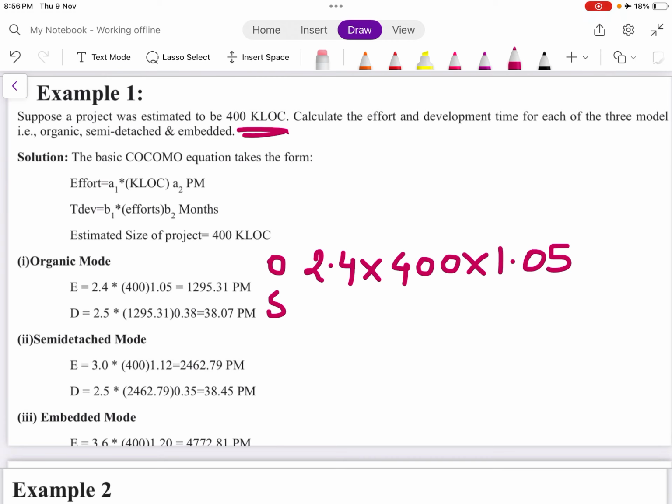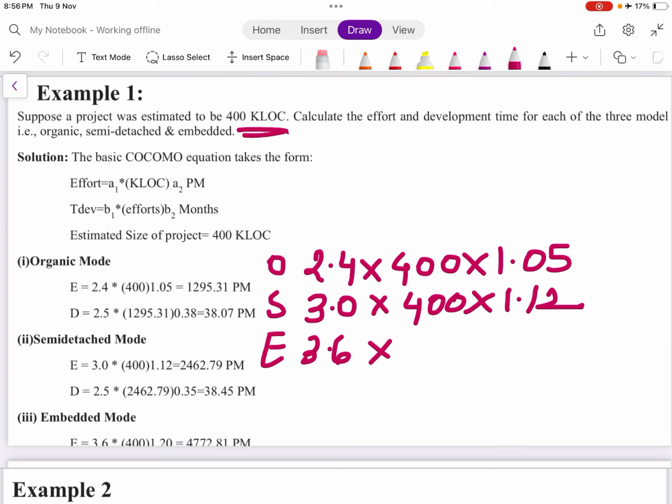For semi-detached, we add 0.6, giving 3.6 into 400 to the power 1.12. For embedded, you have 3.6 and 0.6, into 400 KLOC to the power 1.20.